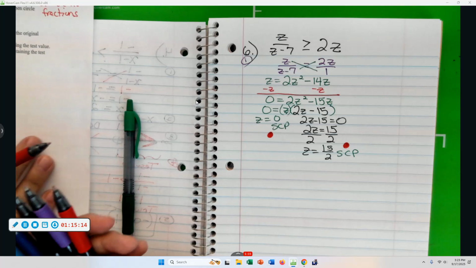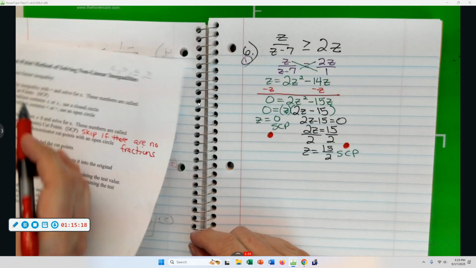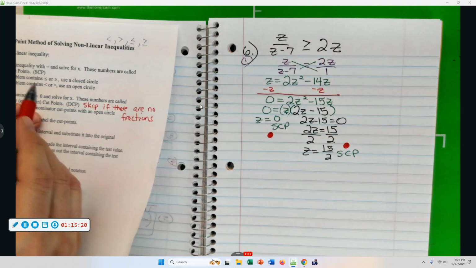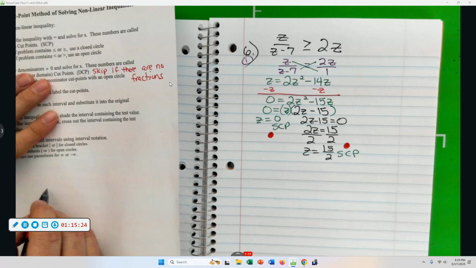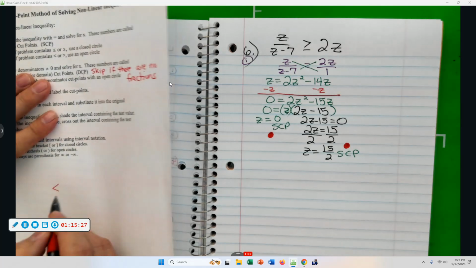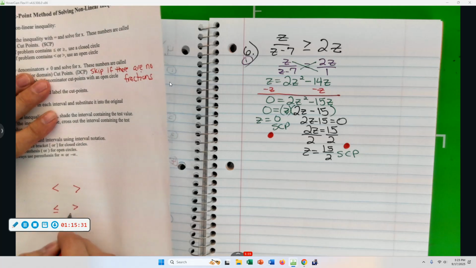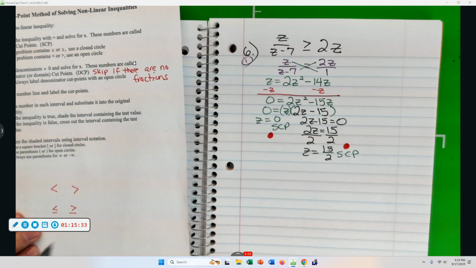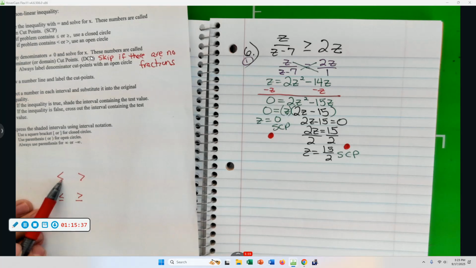Years ago, a student told me how she remembers whether the closed circle and open circle. Looking at the two symbols, what uses more ink to write? The one without the equal sign or with it?